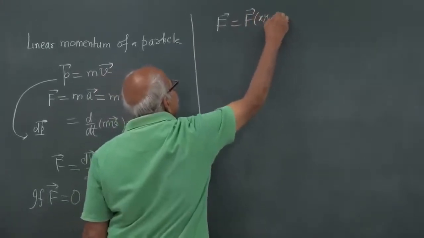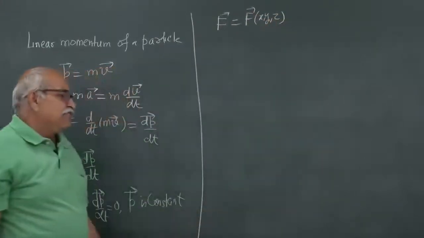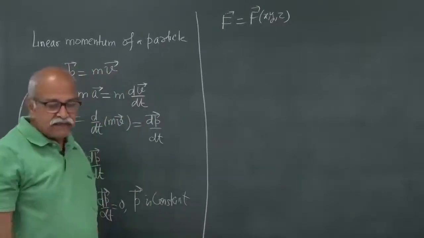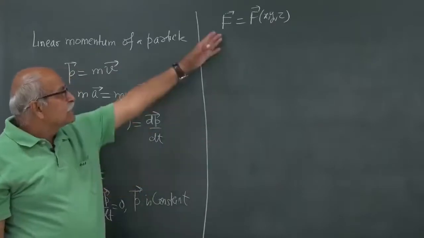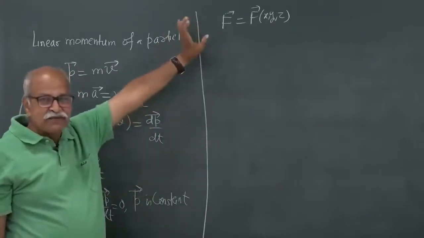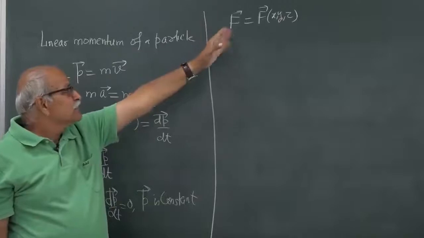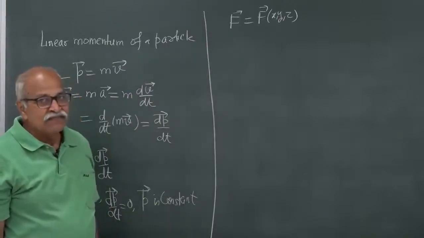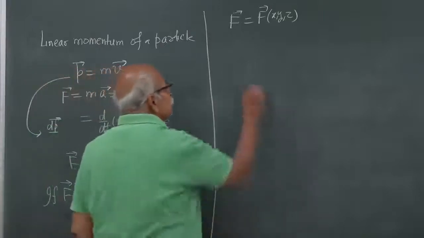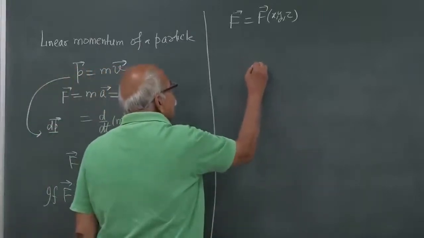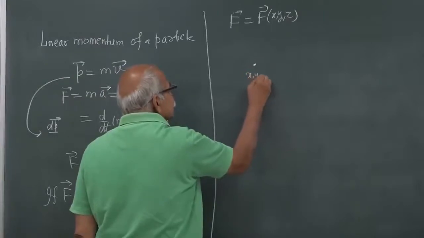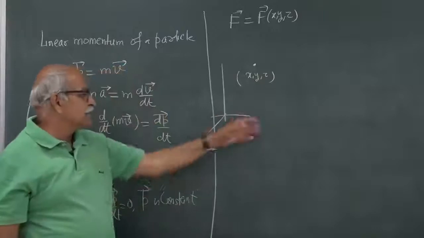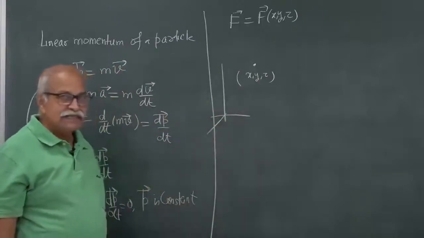I am using Cartesian coordinates. If convenient, depending on what problem is at hand, we can also use other coordinate systems, but let us describe our theory in terms of Cartesian coordinates. So, if a force depends on space point, you think of this quantity. I have a point x, y, z, with some frame of reference, some origin, some x axis, some y axis, some z axis.